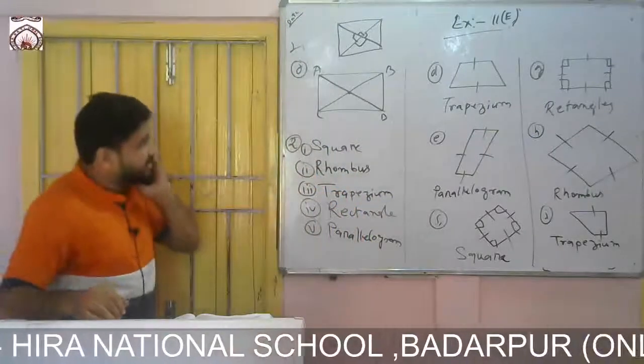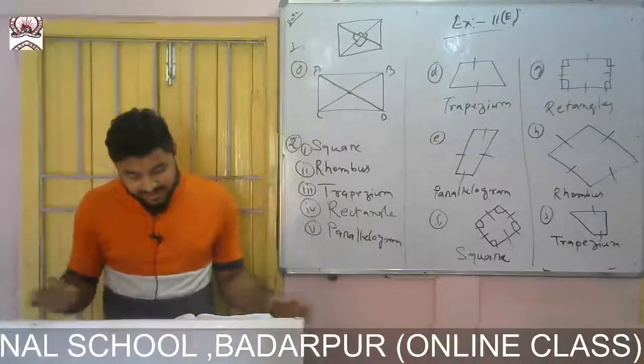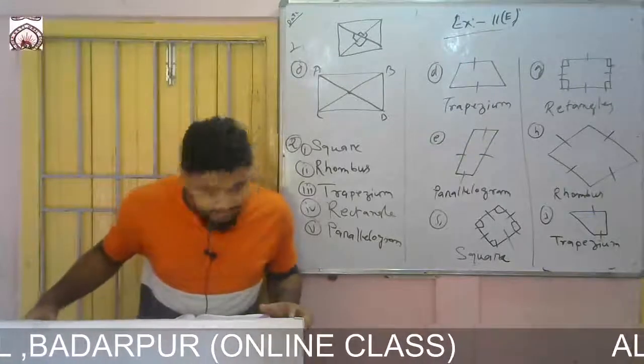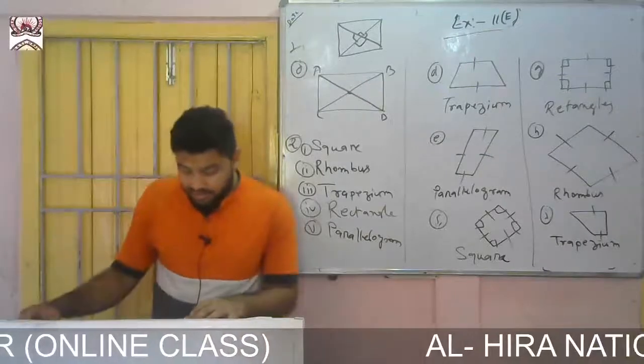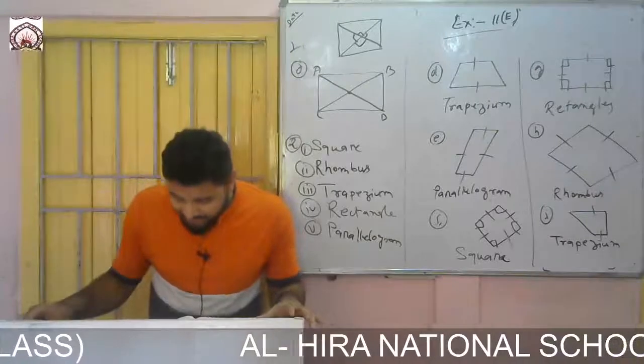Now come to question number 3. Determine if the given statements are sometimes, always, or never true. That is what we need to write. So in question number 3, you see a parallelogram is a quadrilateral.